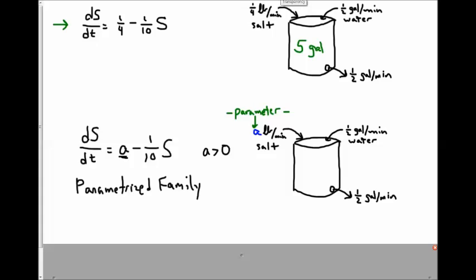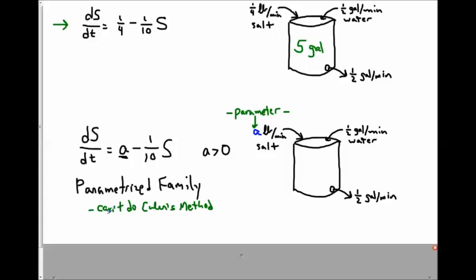Now, what can you do and what can't you do with a parametrized family? Well, one thing you can't do is Euler's method. Euler's method really requires concrete specific numbers, because you're grinding out specific numbers. So you can't have an A in there, or literally everything in your table would depend on that A, and it would be a big mess very quickly.